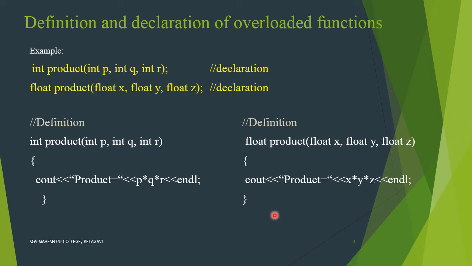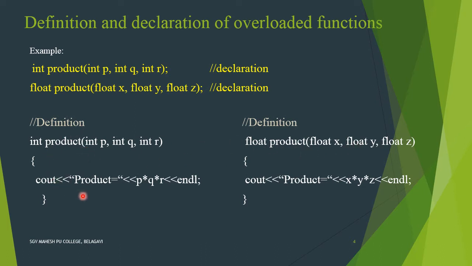So what difference are you finding between these two functions? Both the functions are almost the same, but the difference is you are passing different data types and you are returning a different data type. You can have the same name, but you cannot have the same data type.